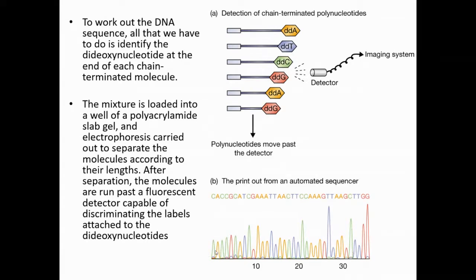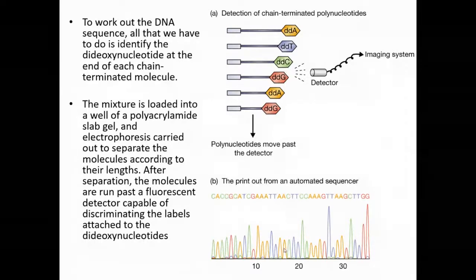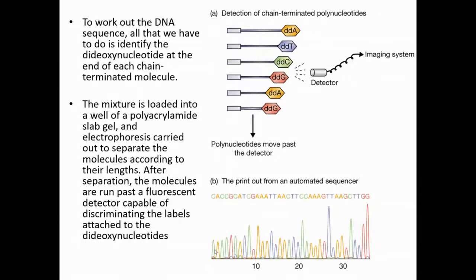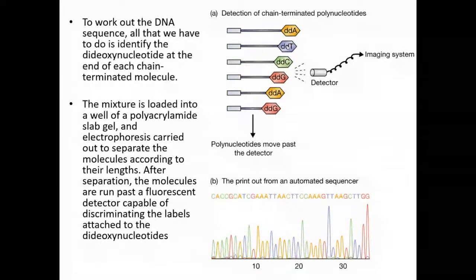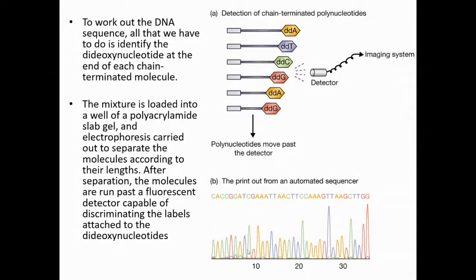The machine reads the color and produces a report, and based on the color you know the sequence. For example, green is C, red is G, orange is A, and purple is T. From the peaks of fluorescence the machine detects, they give you this profile, and the computer converts the profile to the sequence automatically.